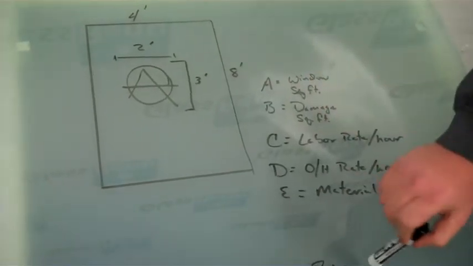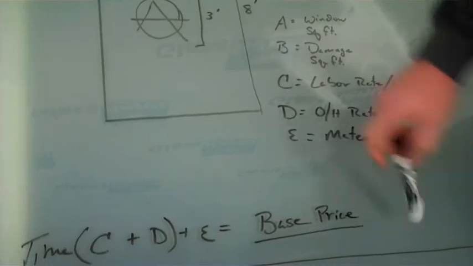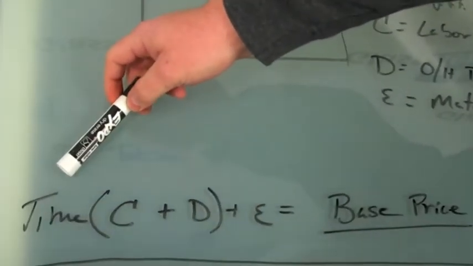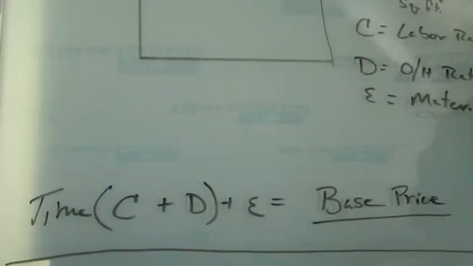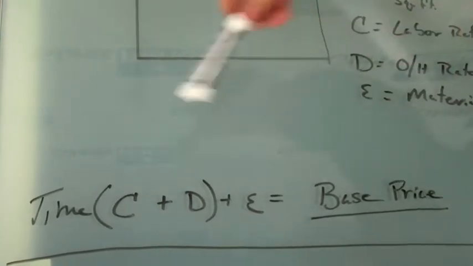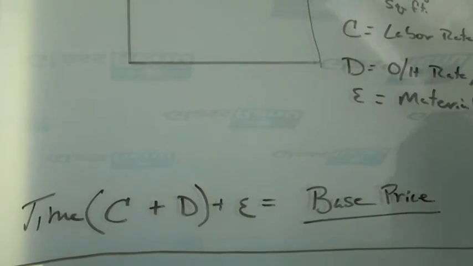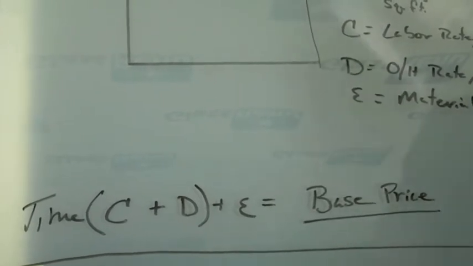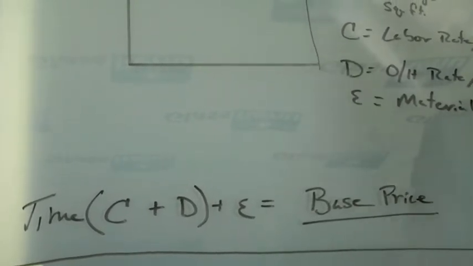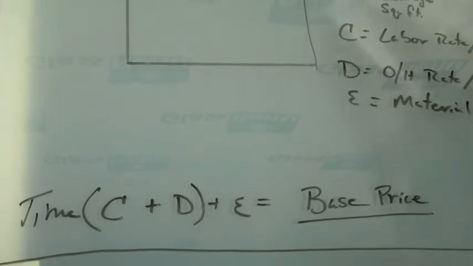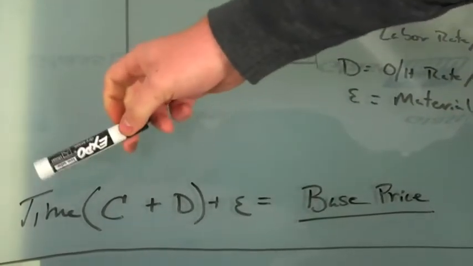To figure out the base price, what we're going to do is take the time to do the job. We tell people on average, and that obviously varies by the user, that most new users are going to be able to do somewhere from 10 to 15 square feet an hour of this type of damage in the first couple of months.